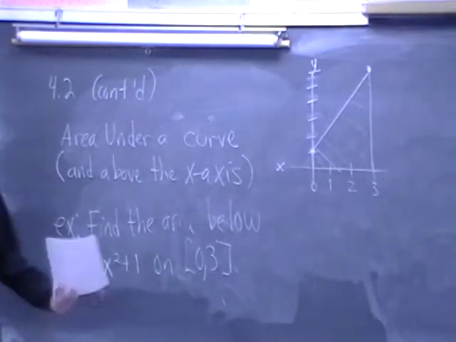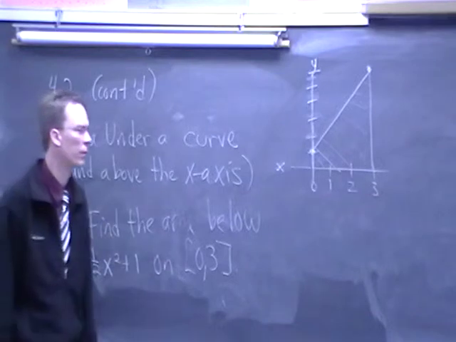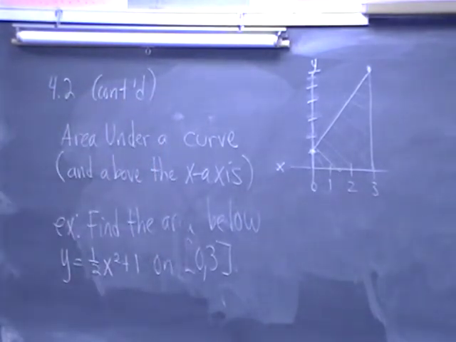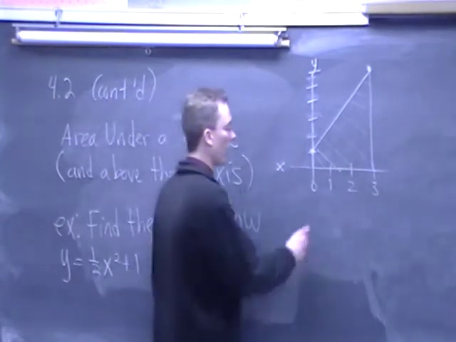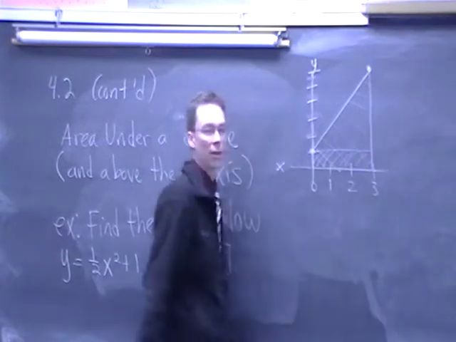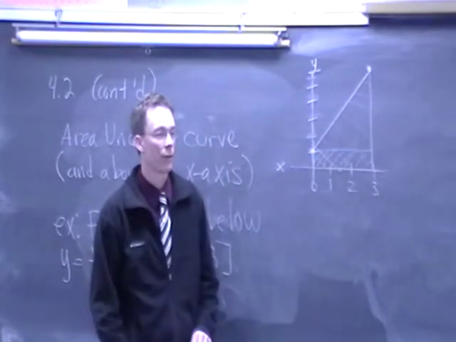And we can actually do this without calculus. Any ideas how we can do this? Split it up into two shapes, yeah? Certainly. There's a rectangle along the bottom here. Easy to find the area of a rectangle. It's sitting underneath a triangle, which frankly isn't very difficult to find the area of either.